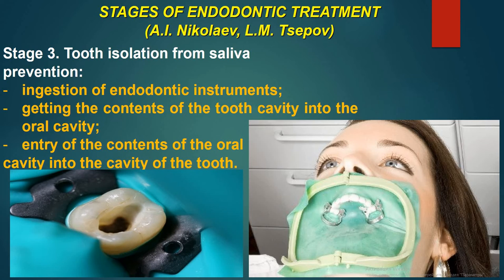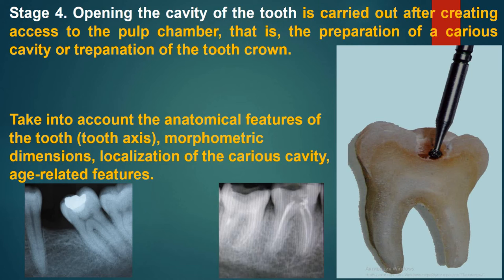Stage 4. Opening the cavity of the tooth is carried out after creating access to the pulp chamber. That is the preparation of a carious cavity and trepanation of the tooth crown.